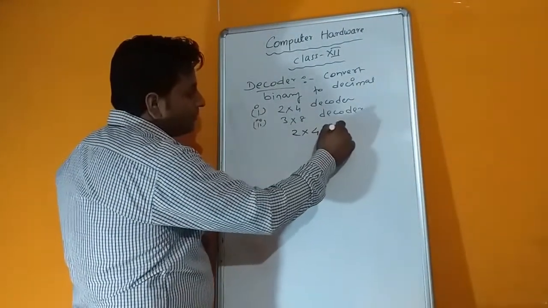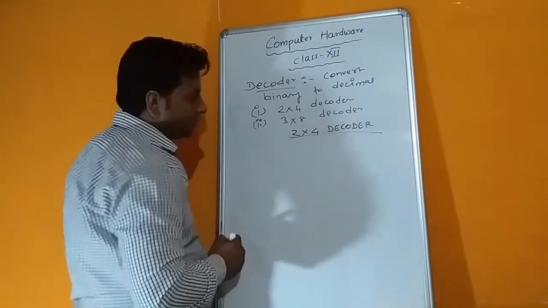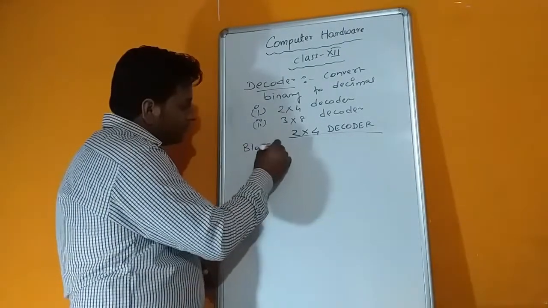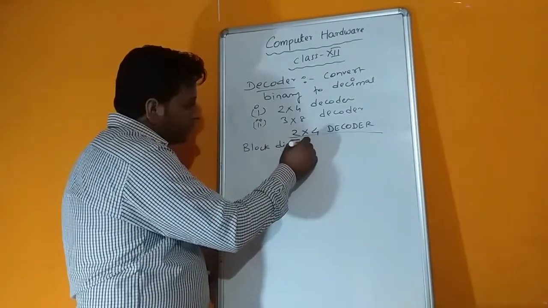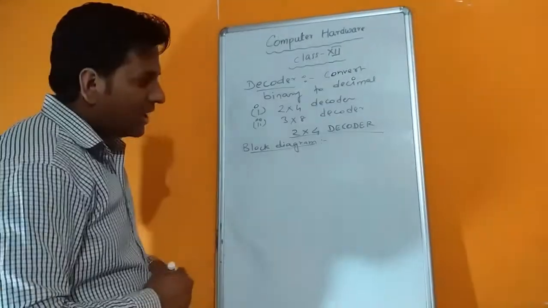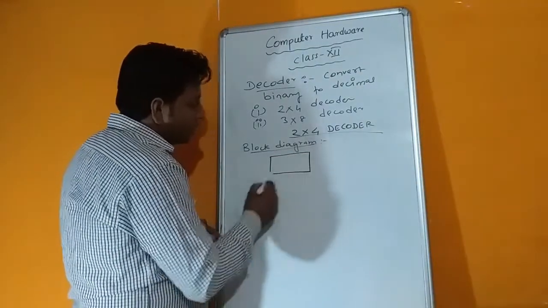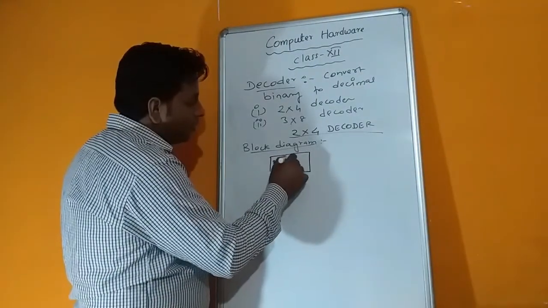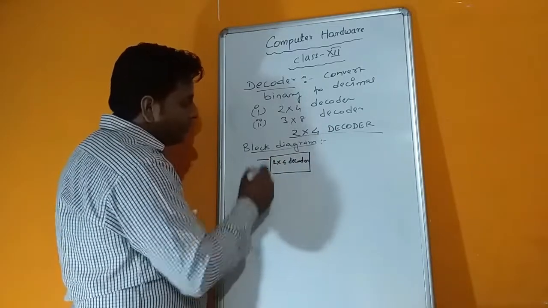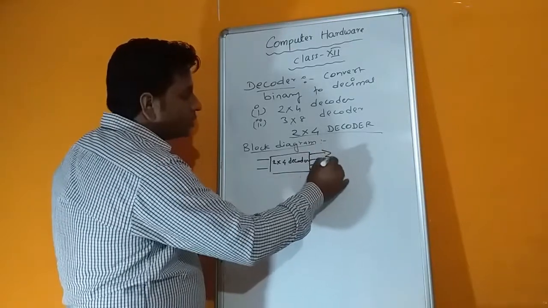2x4 decoder. So first of all, a block diagram. First of all, you make a block diagram. Okay. 2x4 decoder. Give 2 inputs and 4 outputs.